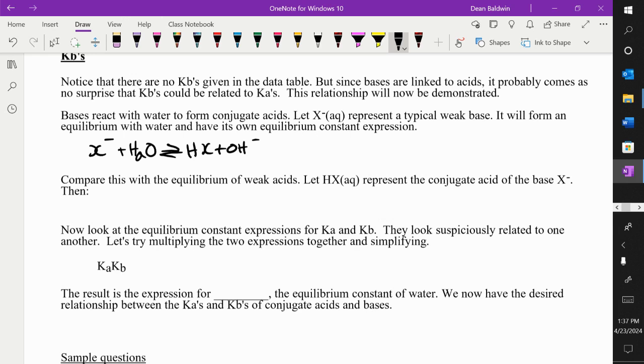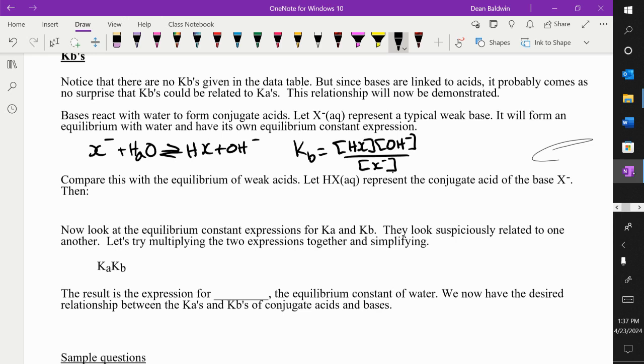This is the K. So we can write a Kb expression, just like we can write a Ka, a Ksp. They're all the same thing. It's the concentration of the products over the concentration of the reactants, excluding the pure water. So we get that.